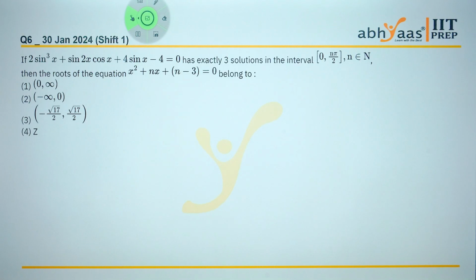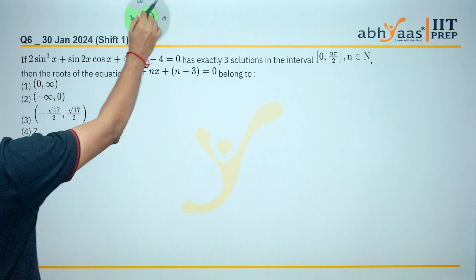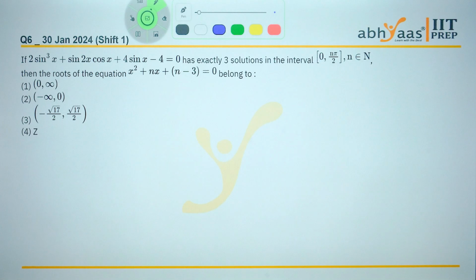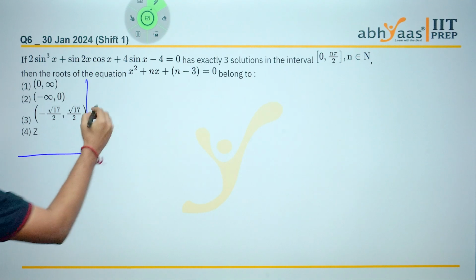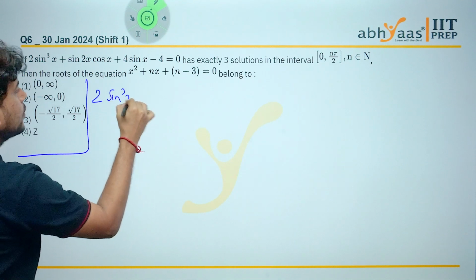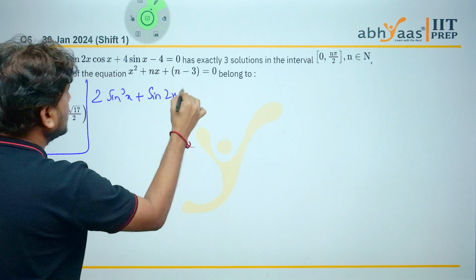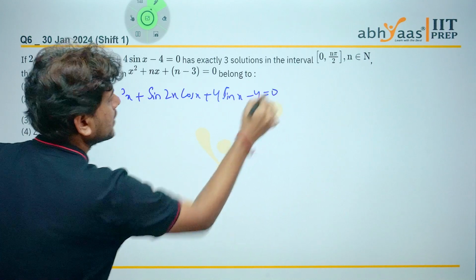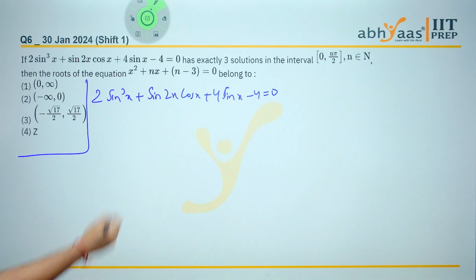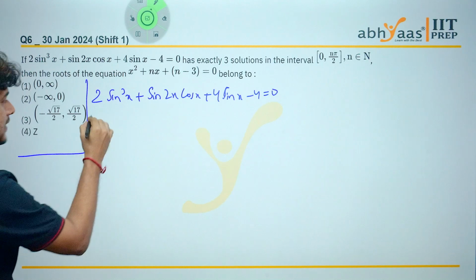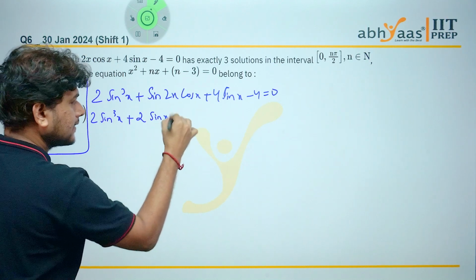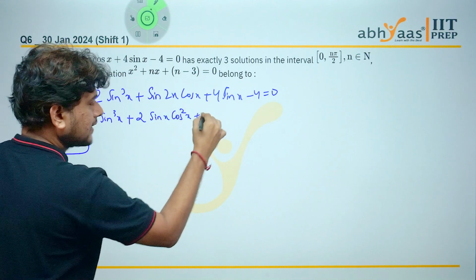If 2 sine cube x plus sine 2x cos x has exactly 3 solutions. So let's solve the given equation, that is 2 sine cube x plus sine 2x cos x plus 4 sine x minus 4 equal to 0. Okay. Sine 2x can be written as 2 sine x cos x, 2 sine cube x, 2 sine x cos x into cos x cos square x.